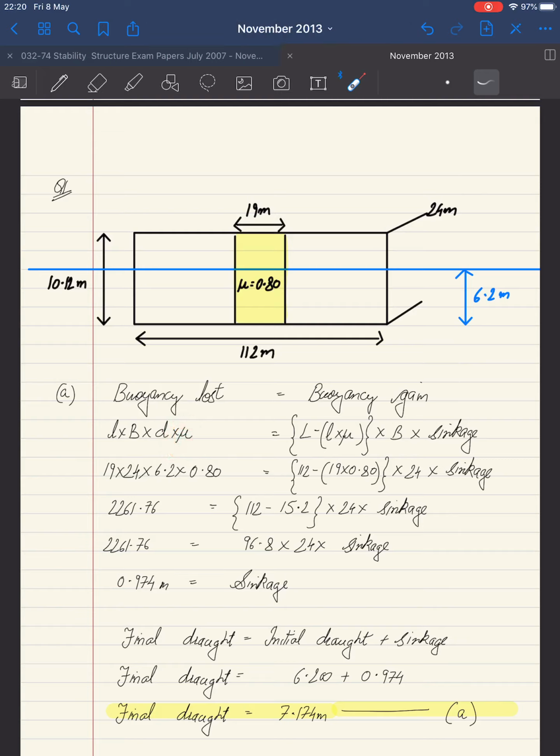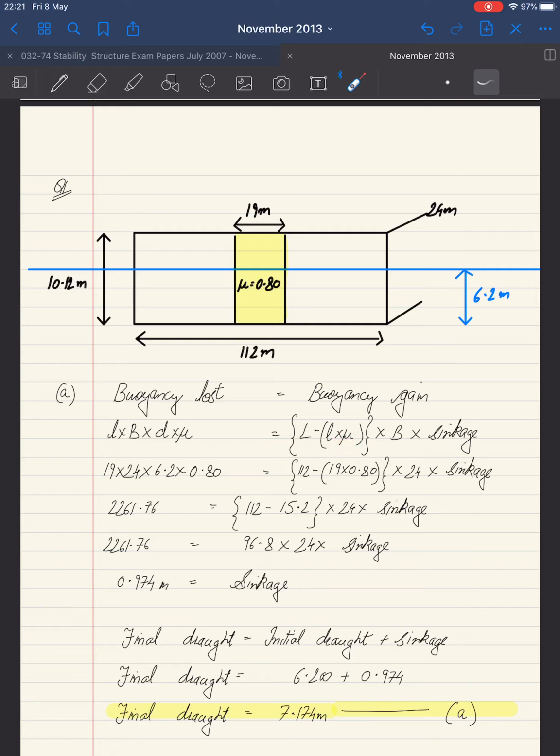So buoyancy gain would be now this entire length minus the permeable length, because this is not the total loss in length, because we still have cargo inside it. So we have a partial loss in length, and we have to apply the correction for the partial loss. The partial loss in the length of the compartment is the length of the compartment multiplied by the permeability. So this will give us the loss of length.